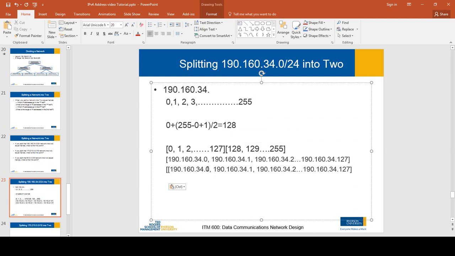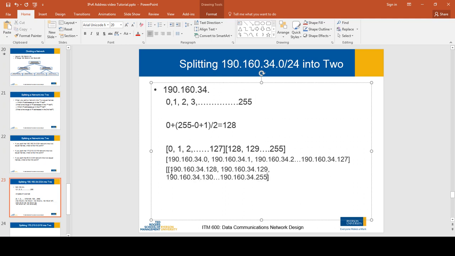So 128 and 129 and 130, and if you keep going, you end with 255, the last IP in this range.